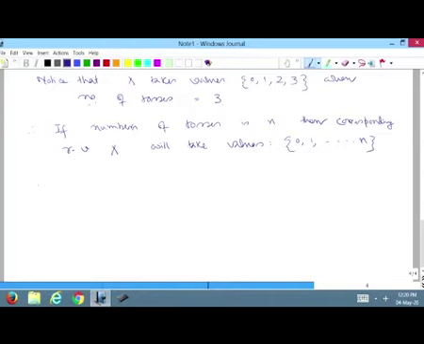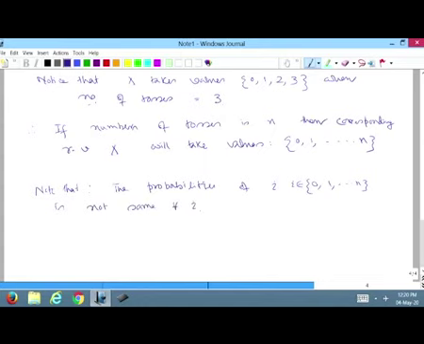Another thing, notice that the probabilities of i belonging to 0, 1 up to n are not the same for all i.